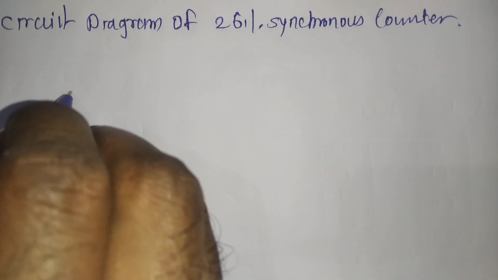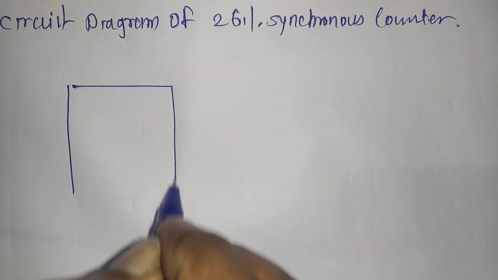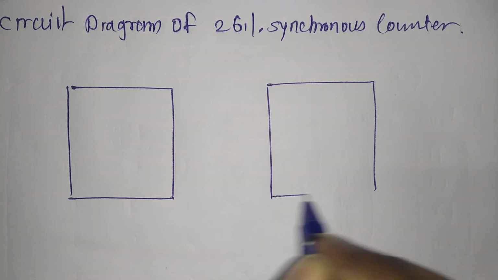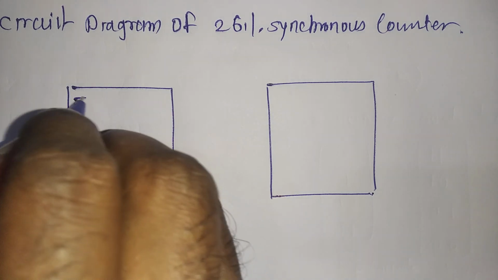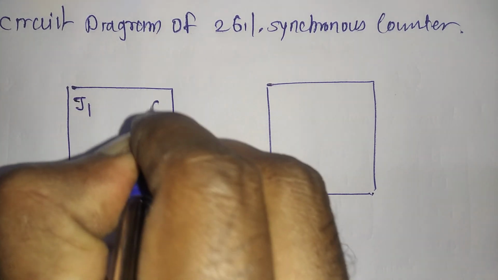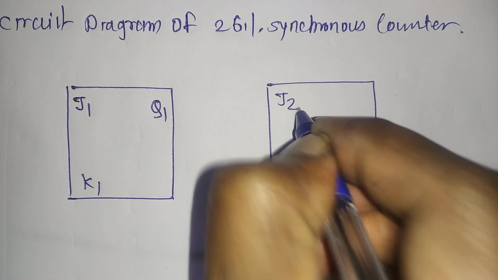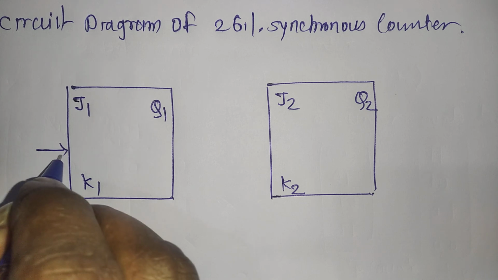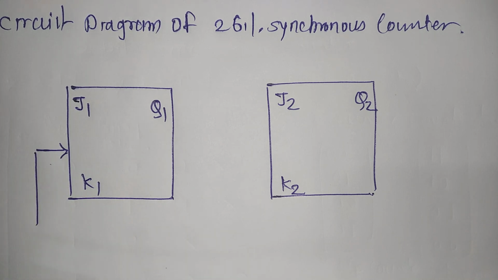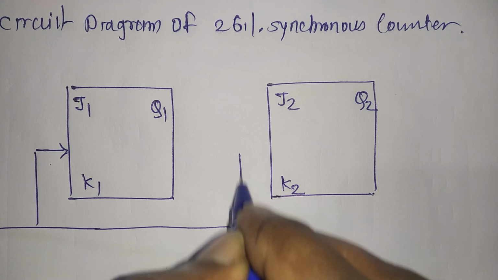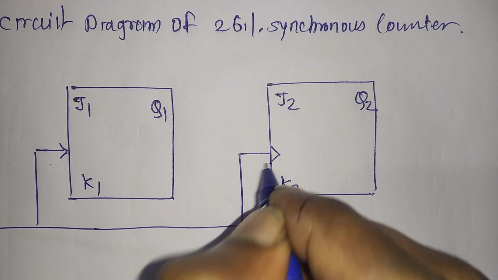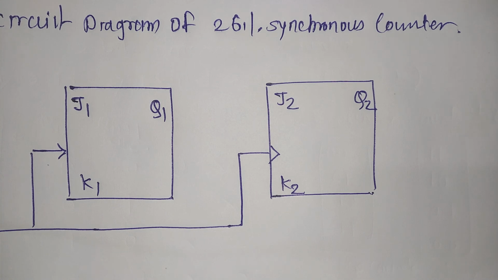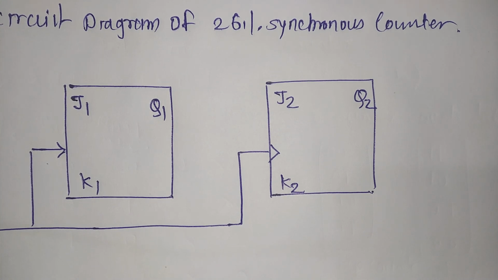For the circuit diagram we have to use two JK flip-flops, with J1, K1, Q1, J2, K2 and Q2. The first condition is that we have to apply the same clock to both the flip-flops.